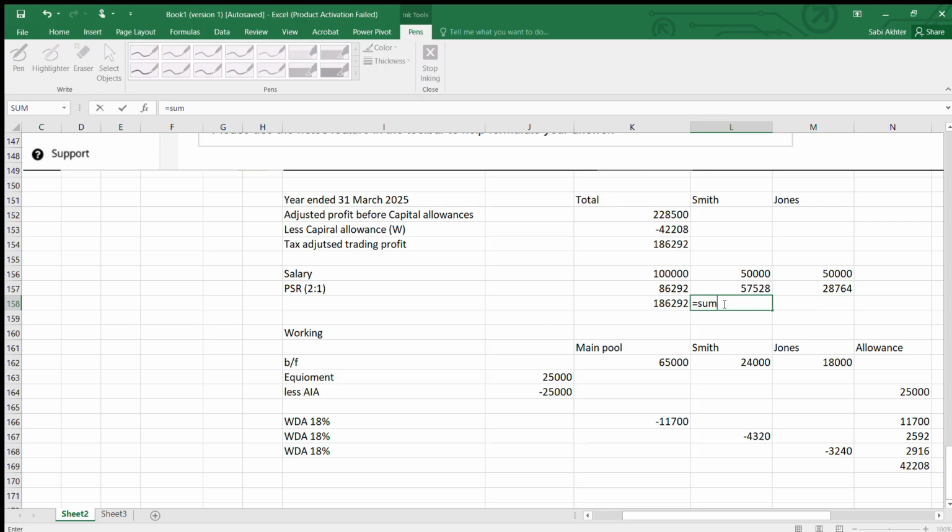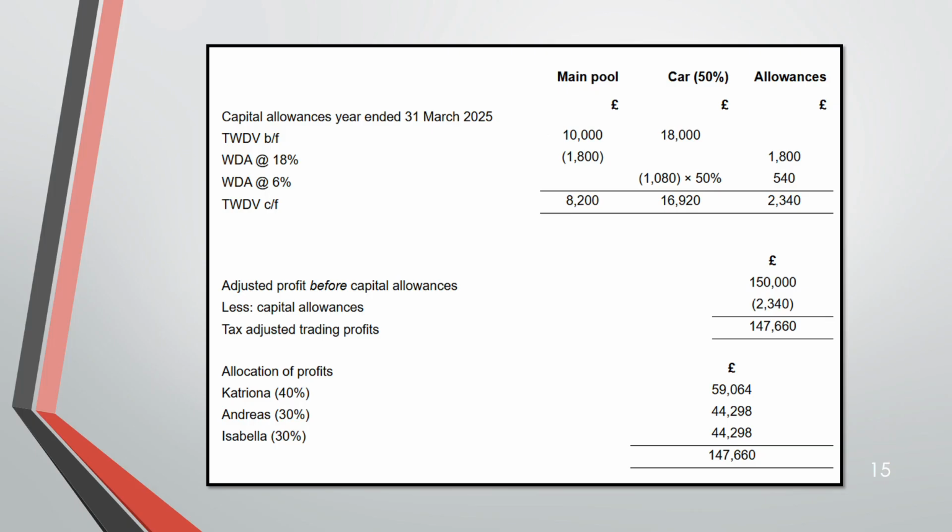So the rest is all the sum function. Just add this and you should be able to get this. So these are the two profits. So this is the answer for example 3. We have started where we have calculated capital allowance, and then we have deducted it from the profit and allocated the profit among the 3 partners.